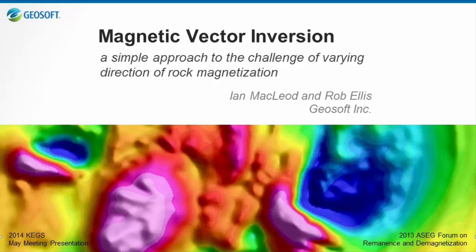Then I'm going to tackle a particularly thorny low-latitude problem in Brazil, which is the Iron Quadrilateral in Belo Horizonte. And then finally, in the section that I call Fun with MVI, I'm going to show you a couple of other useful things that we're doing with MVI, just to get our brains thinking a little bit differently about what we can do and what's possible with this kind of data.